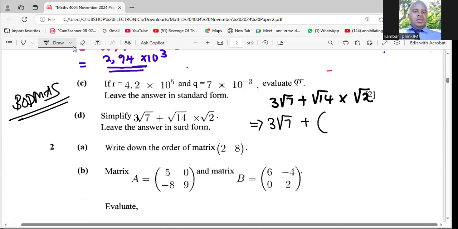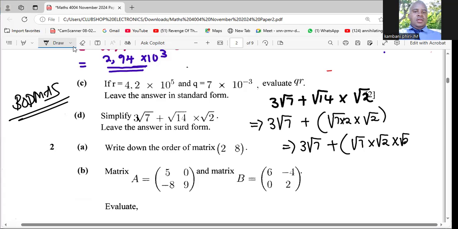So we can expand this to say square root of 14 is the same as square root of 7 times 2 by square root of 2. So we have 3 square root of 7 plus, this is the same as square root of 7 times square root of 2 times square root of 2.